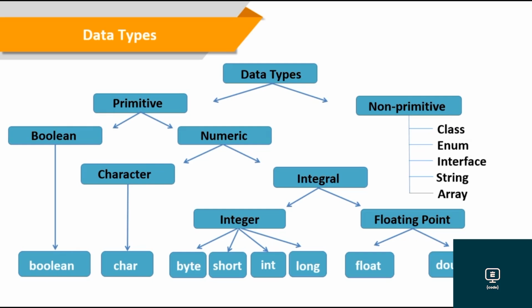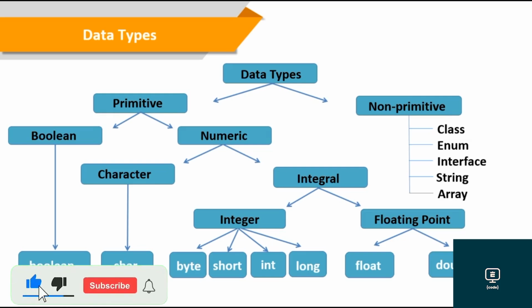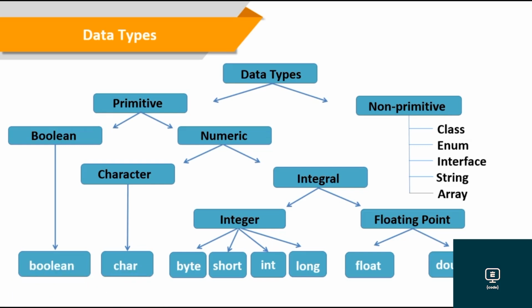Primitive data types are predefined by the Java programming language, and they're named by a reserved keyword. Java provides 8 primitive data types. These are Boolean, char, byte, short, int, long, float, and double. Primitive data are only single values.